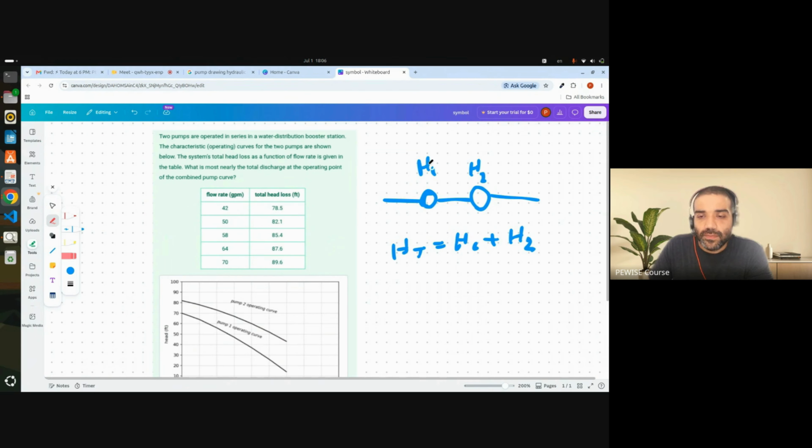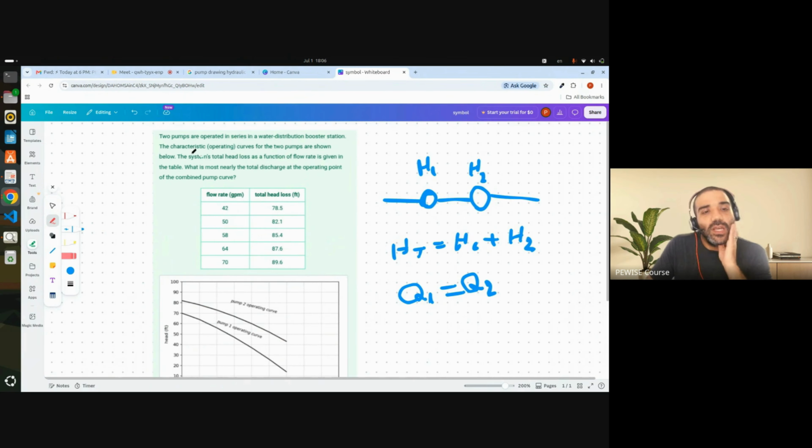And the Q in the first pump, when it is in series, is equal to Q in the second pump. So we can use these two ideas to calculate the total flow in this question.